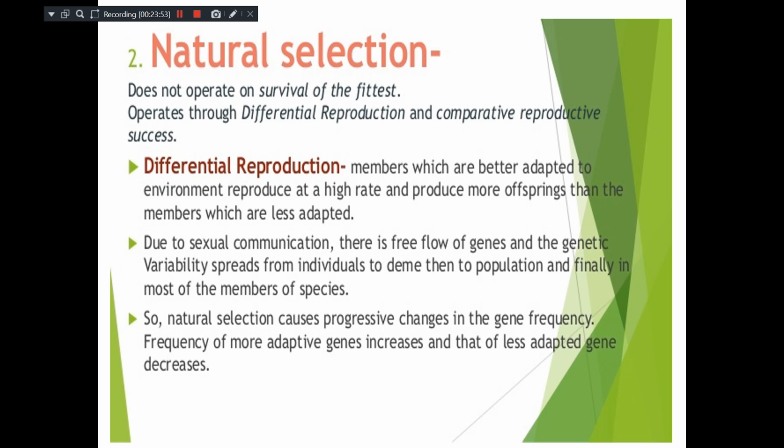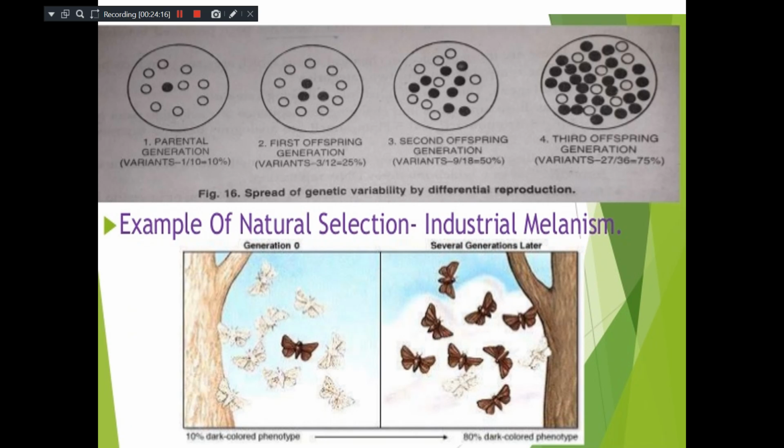Because of this, there is a change in the gene frequency. That means now there will be more adaptive genes. In other words, the frequency of adaptive genes increases and that of less adapted genes decreases. This is what you call natural selection.